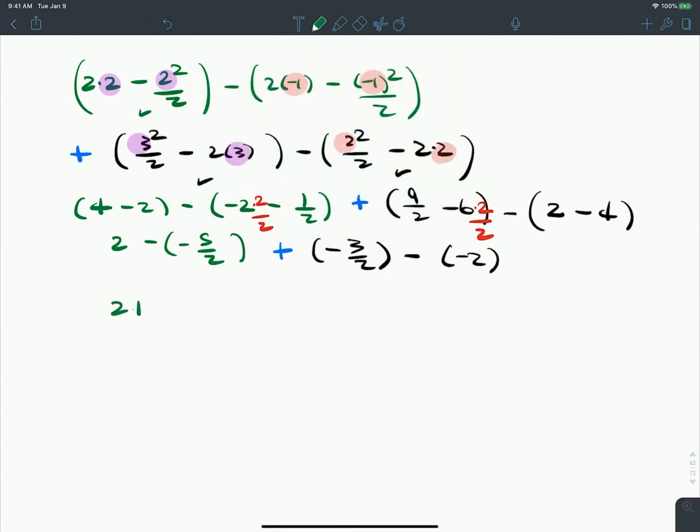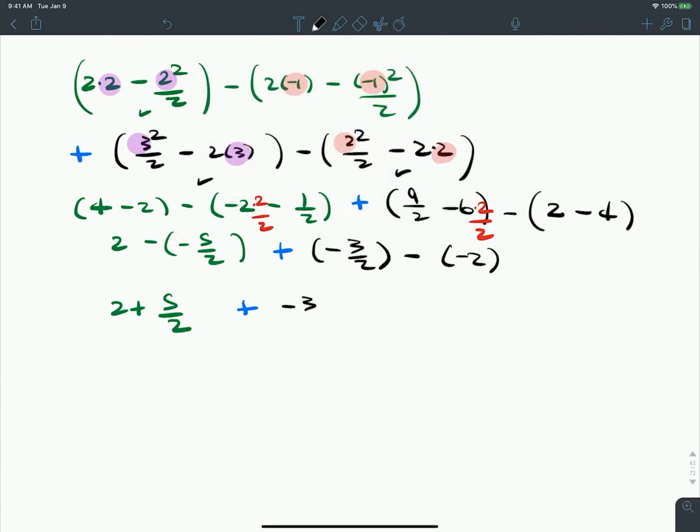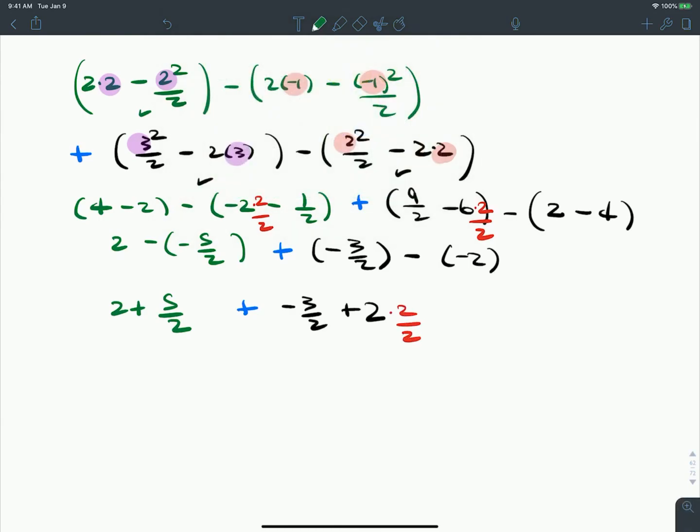So we get 2 plus 5 halves here, plus negative 3 halves plus 2 times 2 over 2. And over here, we're going to add these fractions as well. 2 over 2.